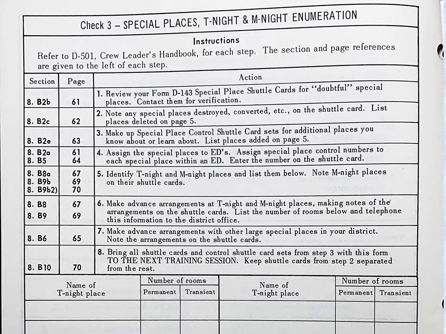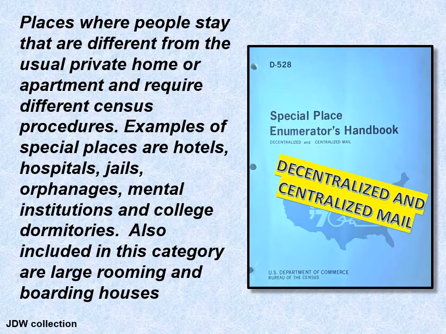As part of the crew leader's responsibilities, they had to figure out if there were any special places in their district, because there was a T night, a transient night, where they went out to transient places, hotels, etc., with very specific identification, or an M night, which is a mission night, jails, flophouses, etc. Very interesting situation there.